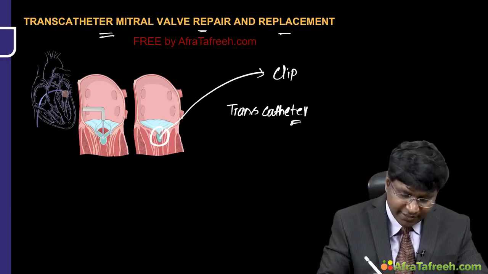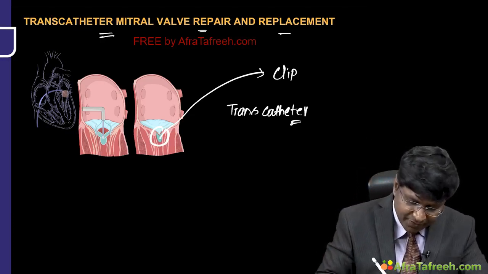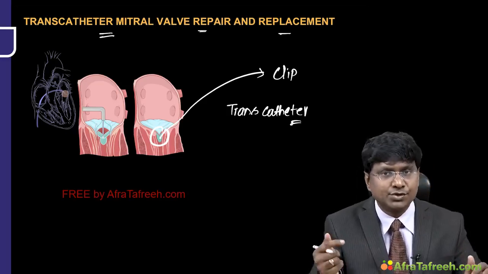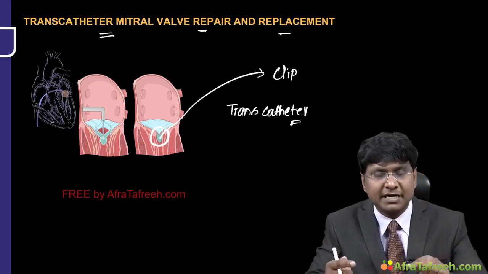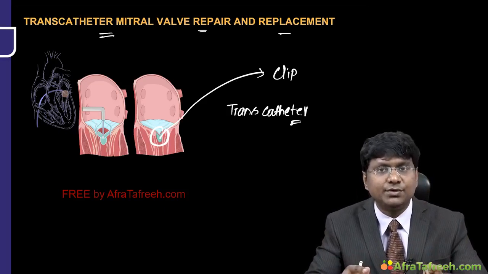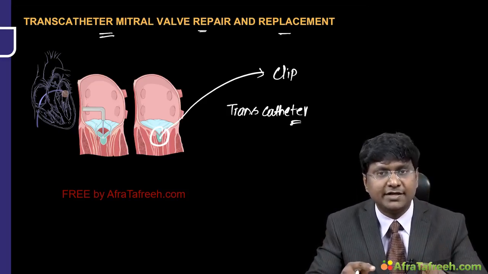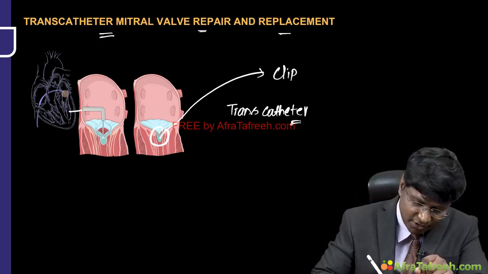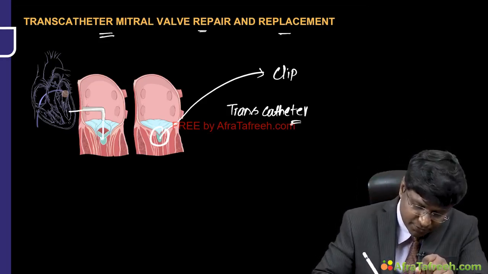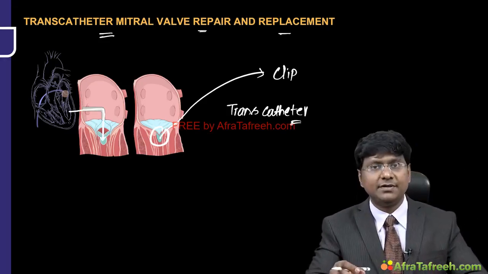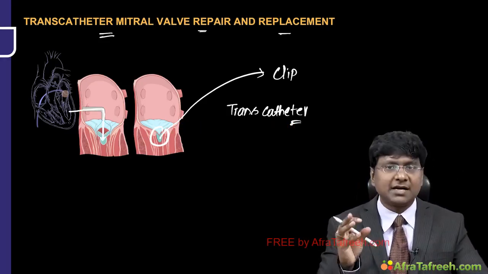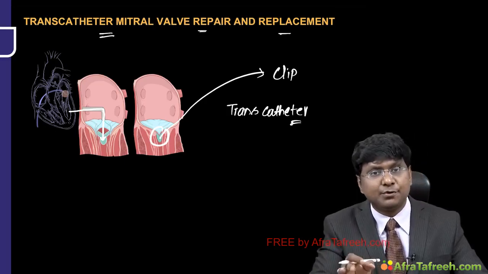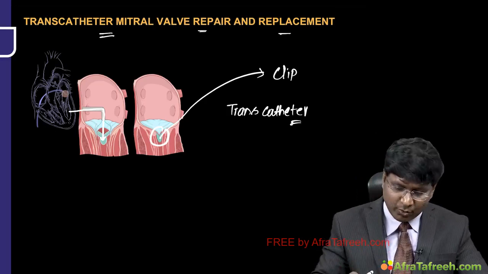The approach is the same as what we discussed for PBMV. You take the clip in the catheter, puncture your femoral vein, then enter the inferior vena cava, from there to the right atrium, and puncture the interatrial septum. Then you cross the clip across the mitral valve and apply it over the edges of the anterior as well as the posterior mitral leaflets. So what will be the advantage?